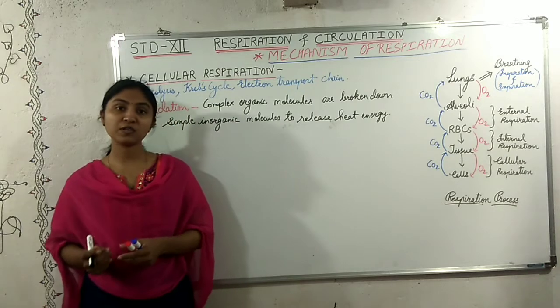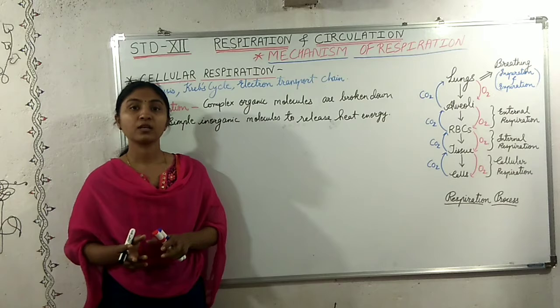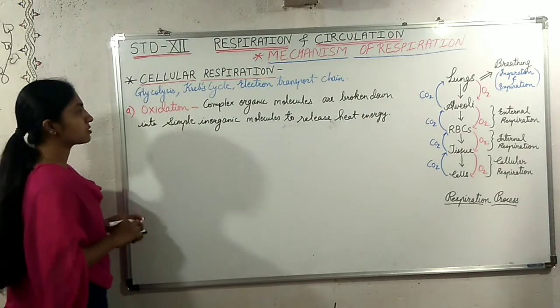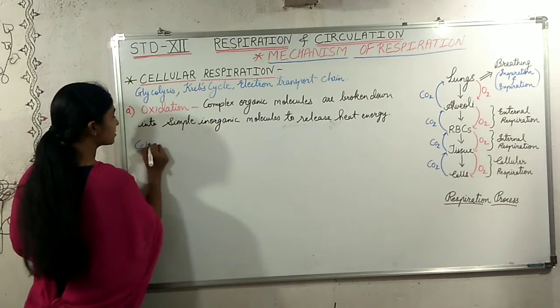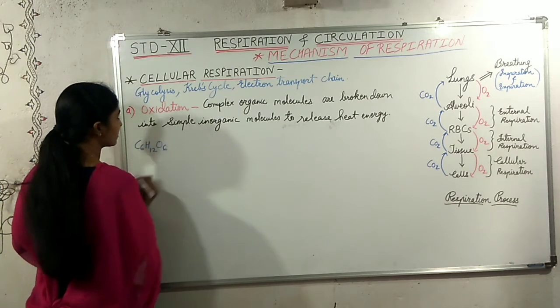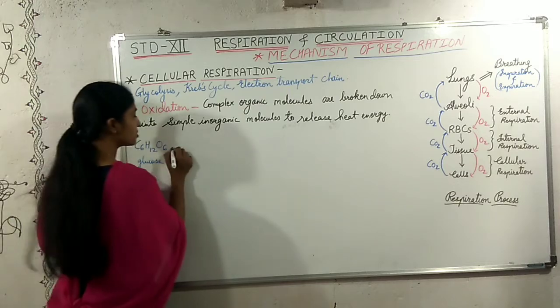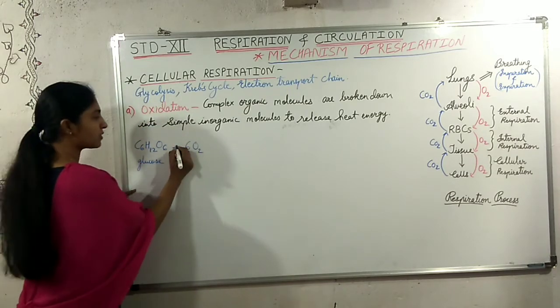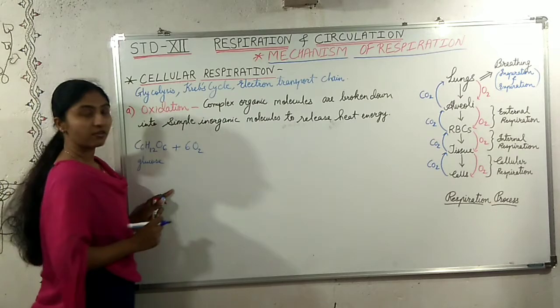Now here, as we know, at the cell level, the respiratory substrate is glucose. So here, this glucose, that is C6H12O6, this is glucose. This glucose combines with oxygen, which means that this is an oxidation reaction.